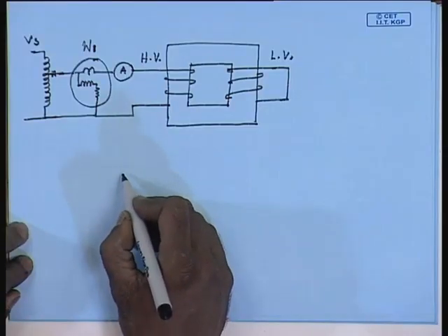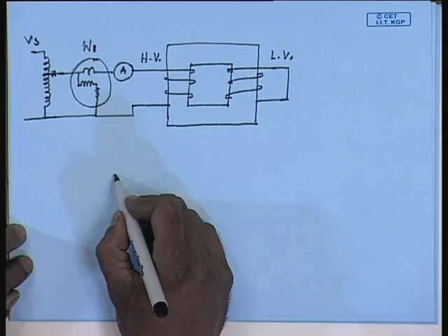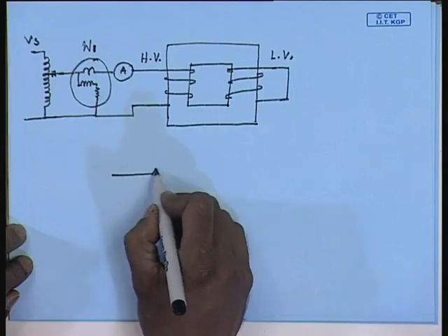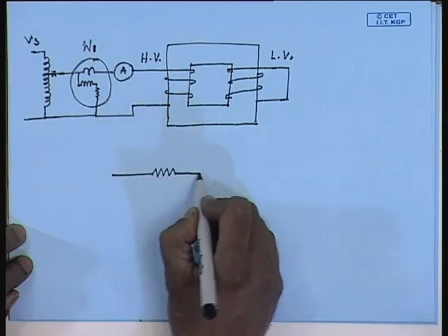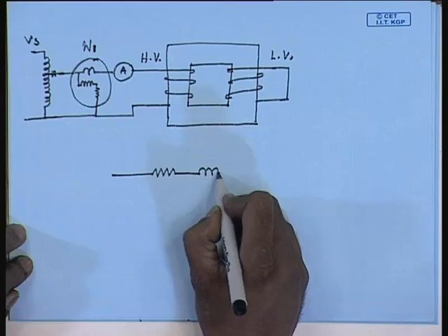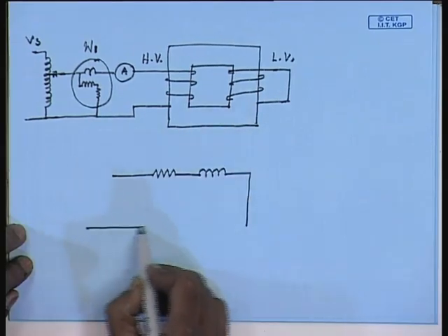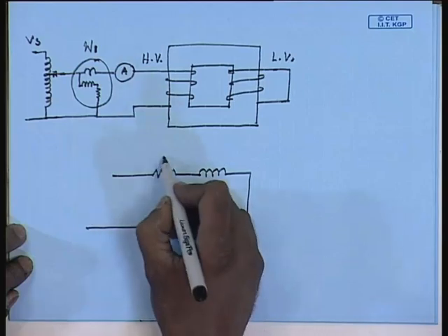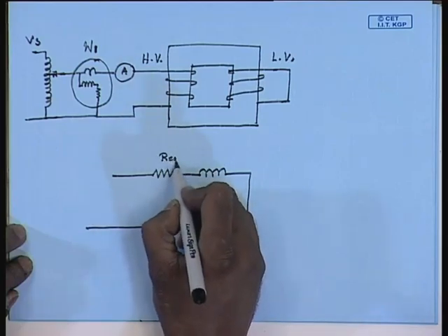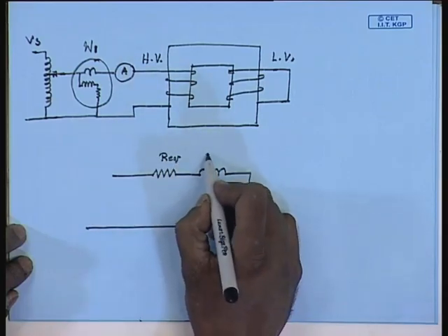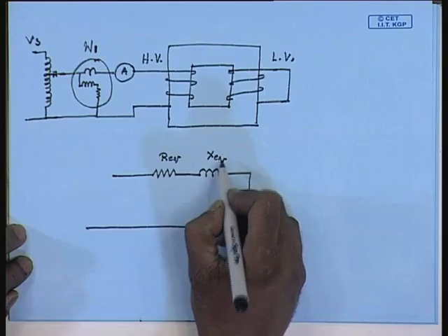Now, how do we find out the series branch parameters from the short circuit test? For that, let us draw the approximate equivalent circuit under short circuit condition. Now, this is the equivalent winding resistance and this is the equivalent leakage reactance.